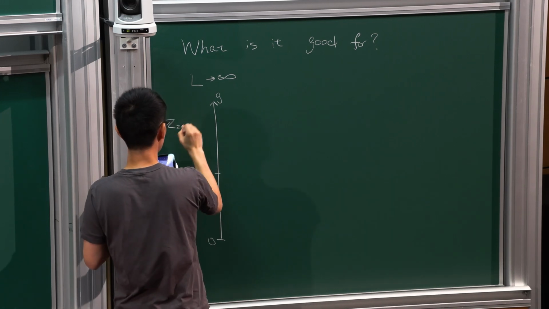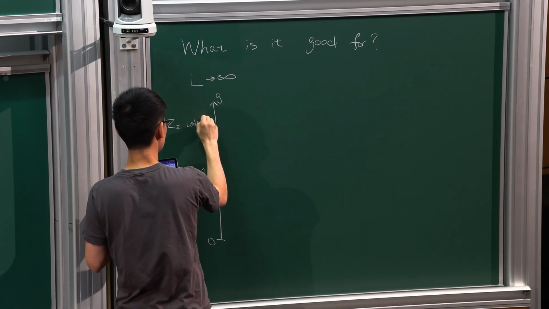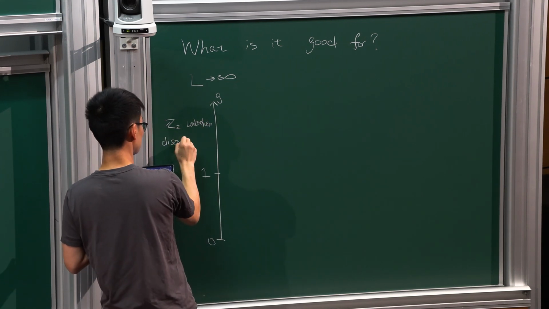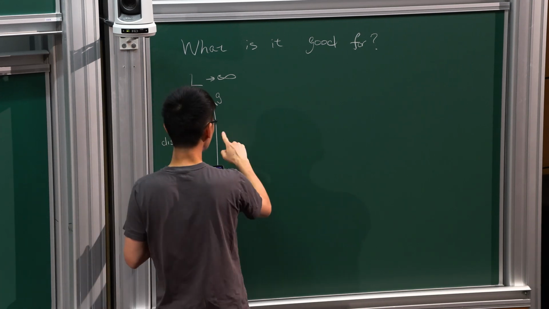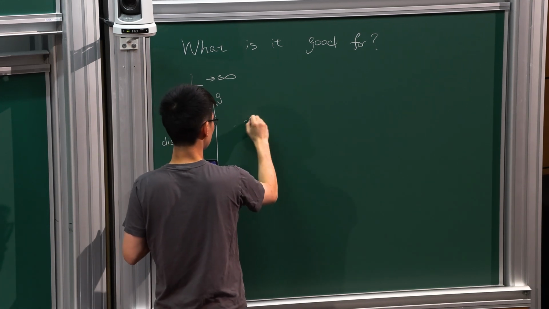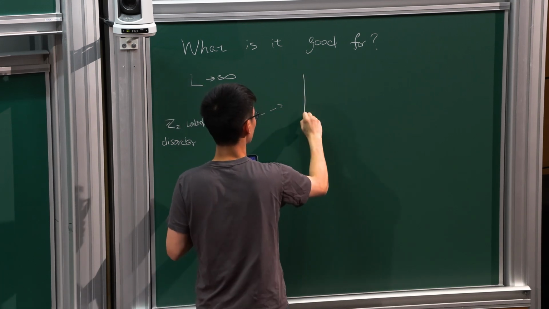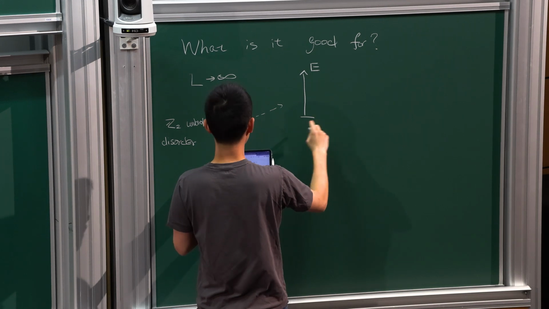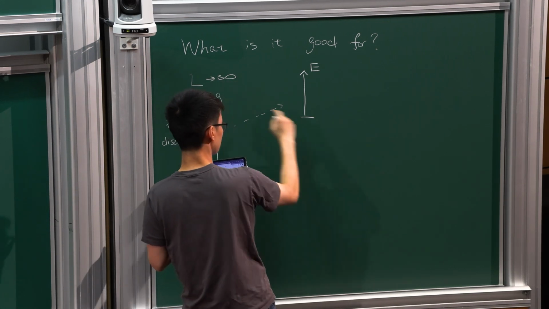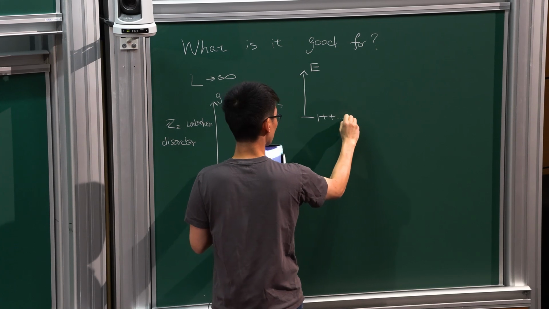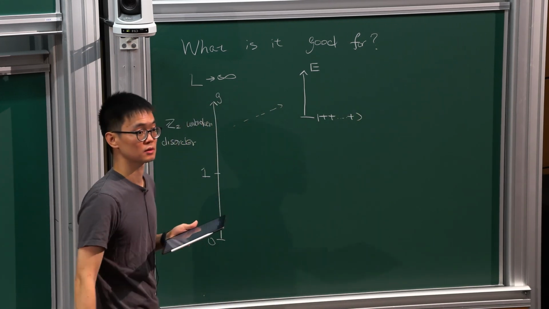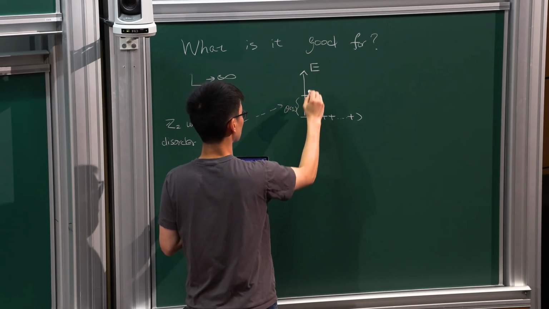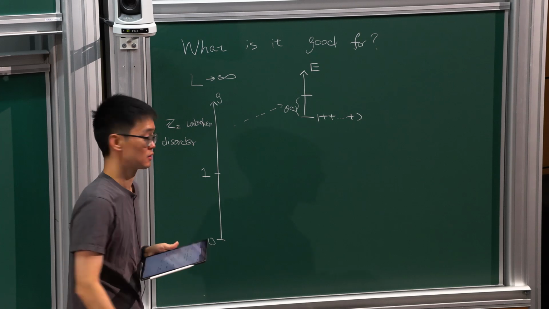The Z2 is unbroken. So this, in the condensed matter literature, is known as the disordered phase. In this phase, the spectrum of your Hamiltonian looks like this. You have a unique ground state. If you are in the infinite G limit, this unique ground state is the X plus eigenstate. It's a product state. And then you have an order 1 gap, and then there's something up there.